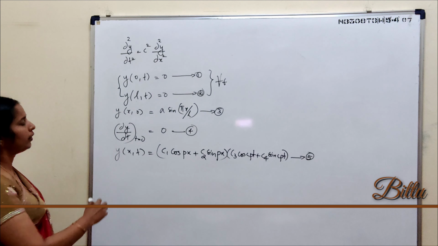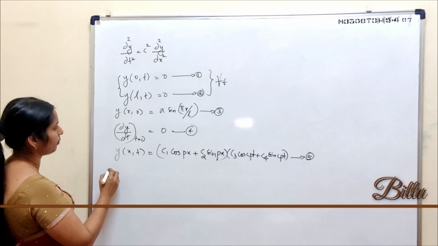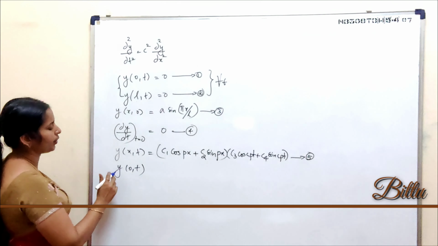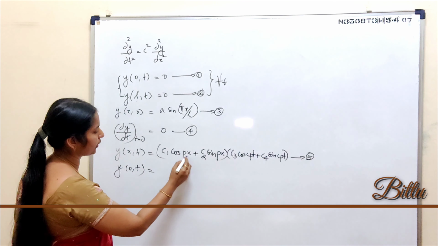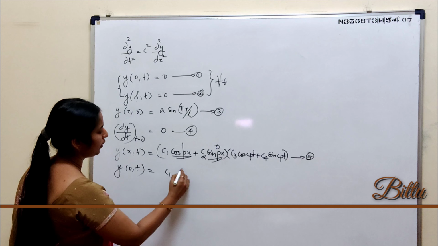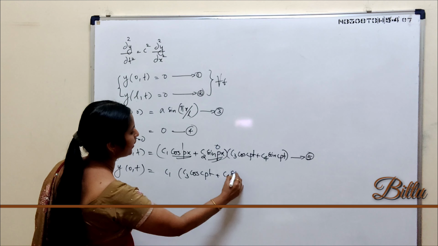Here I am applying condition number 1, that is y(0,t). For getting y(0,t), you put x = 0. When x is 0, cos term is 1 and sin term is 0. So it is c1(c3 cos cpt + c4 sin cpt).